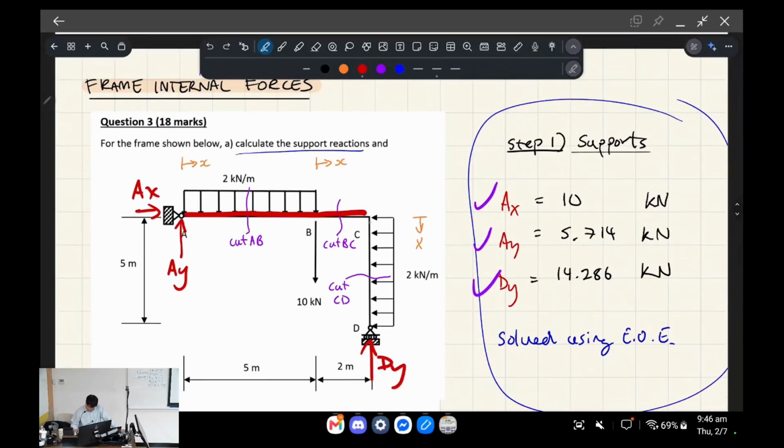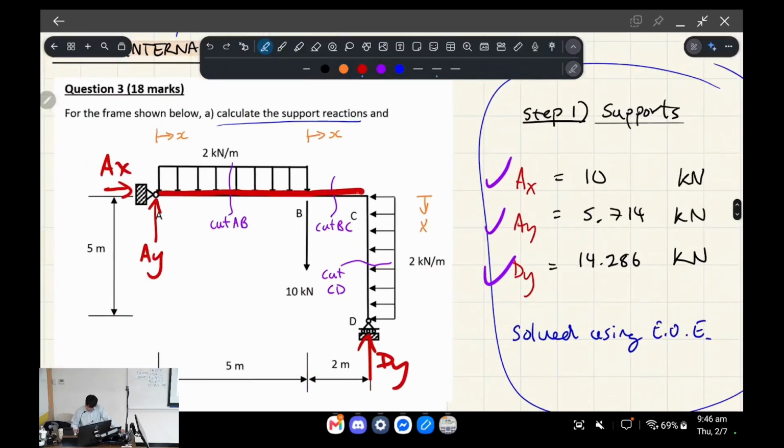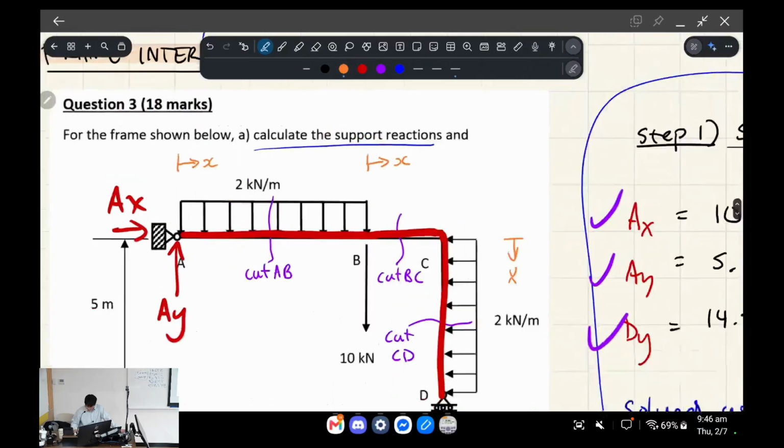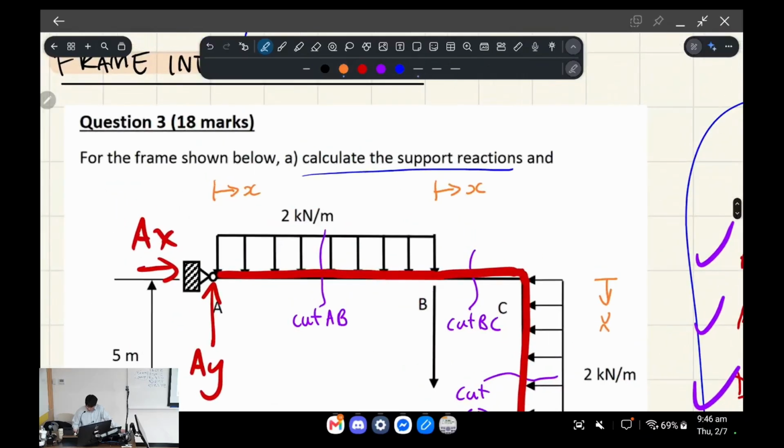All right, and then the other thing to note that's interesting is that the way that we're going to solve for this column essentially is we're going to solve it as if it was a beam, but we turned our head to the right. So what do I mean by that? When we're doing these derivations of our line equations, just imagine a little dude, like an ant, walking along this beam.